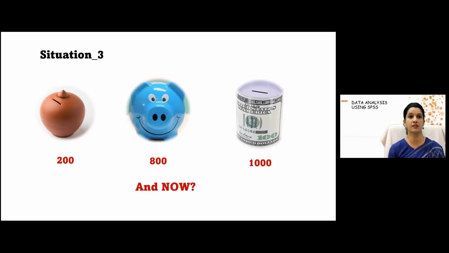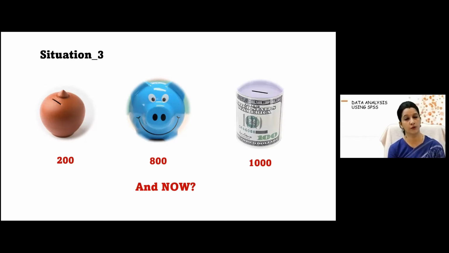Now you see this situation. Can you comment on the post hoc analysis significance? Is it significant? Yes, Pawan is writing 1 and 2 and 1 and 3. Yes, you are right, but there is no difference between 2 and 3. So now you can understand the post hoc comparison.